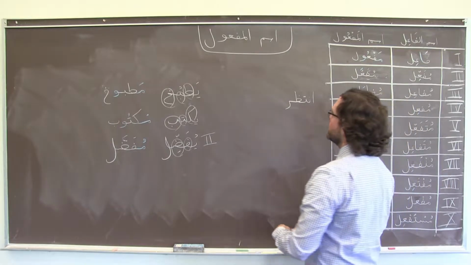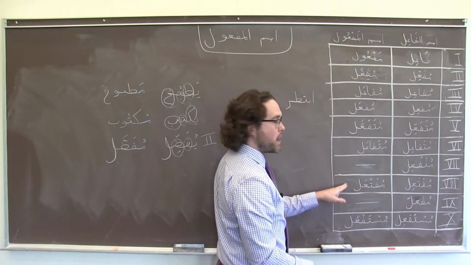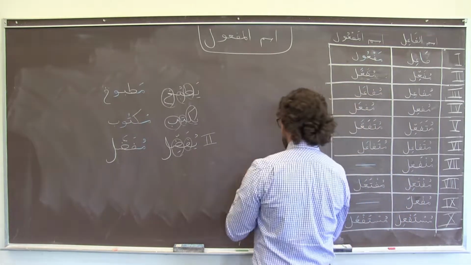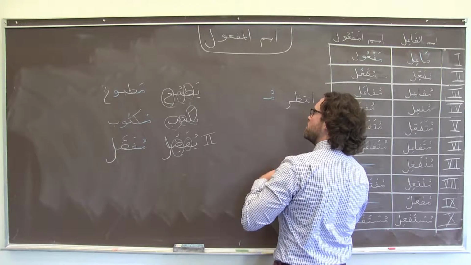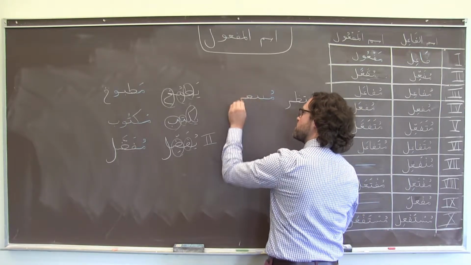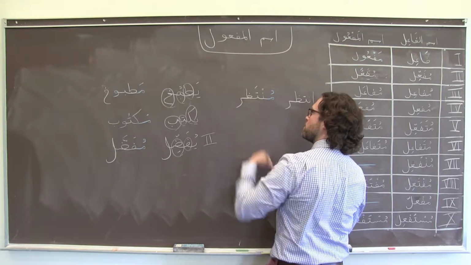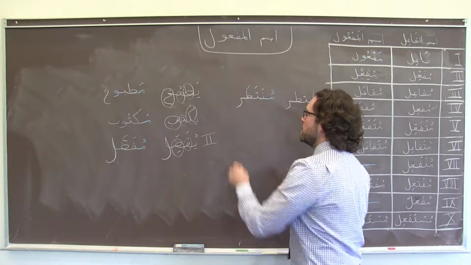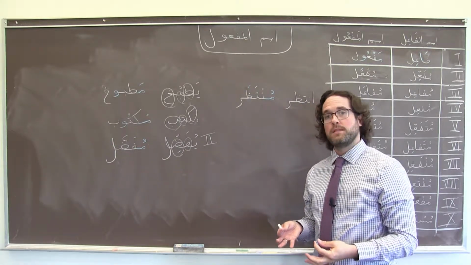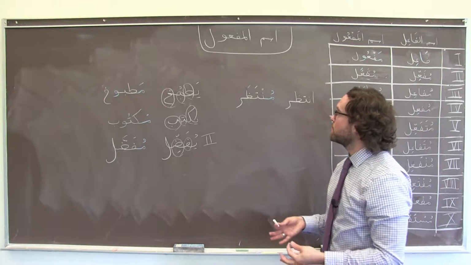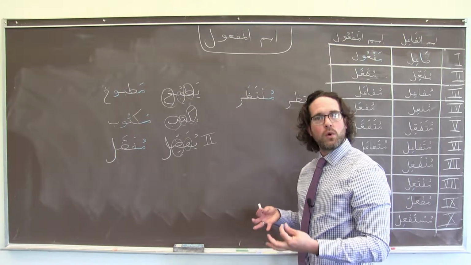Now, if we take it and we put it into its ism maf'ul pattern here, we get muntadhar. And muntadhar kind of means awaited, or perhaps in English in most contexts, a more elegant, usual way would be to say expected or anticipated.